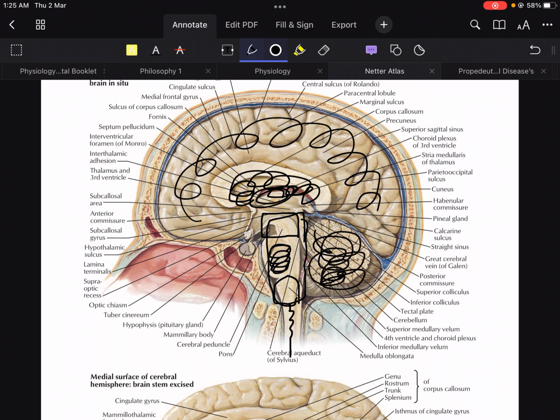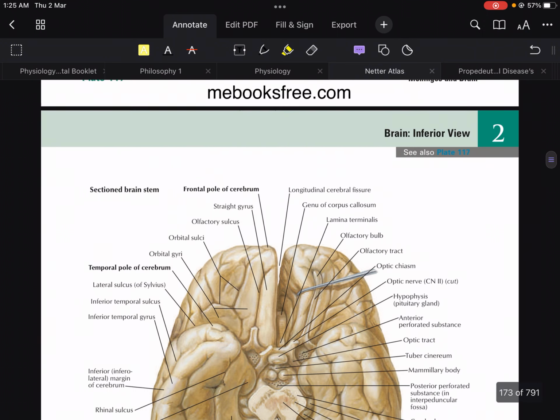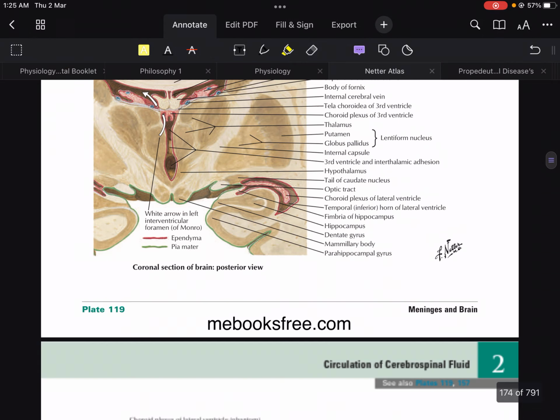It's this part. It's not a part of the prosencephalon, diencephalon, mesencephalon, or rhombencephalon. It's a separate part located posteriorly. The most important thing I want to tell you is about the location of different types of nerves in our brain.